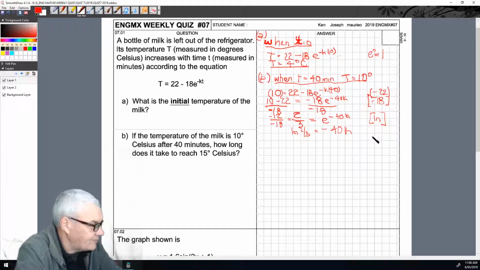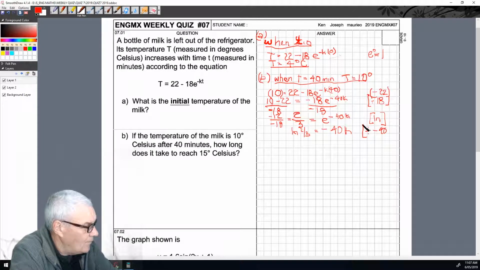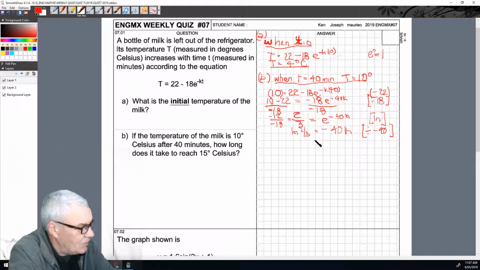So we divide through by negative 40. And that will give us, oh, well, we can do that, can't we? We can go here like that. Negative 40 equals k.